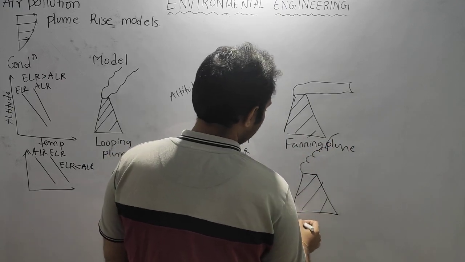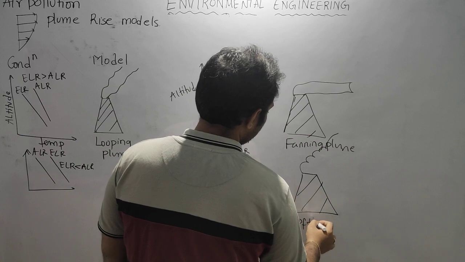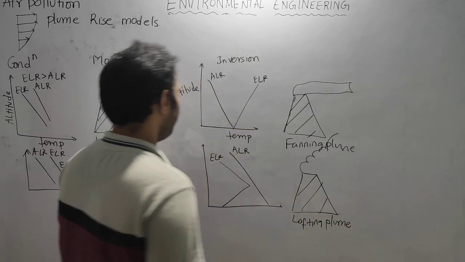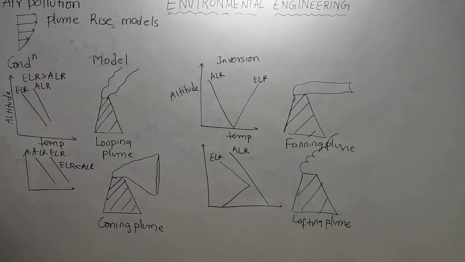A lofting plume appears when ELR is inversion for some height and then it is decreasing.